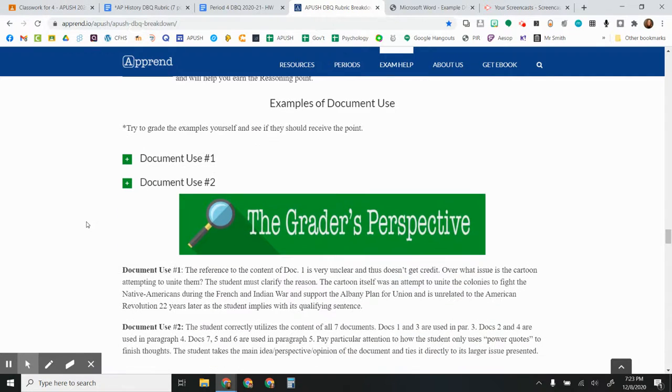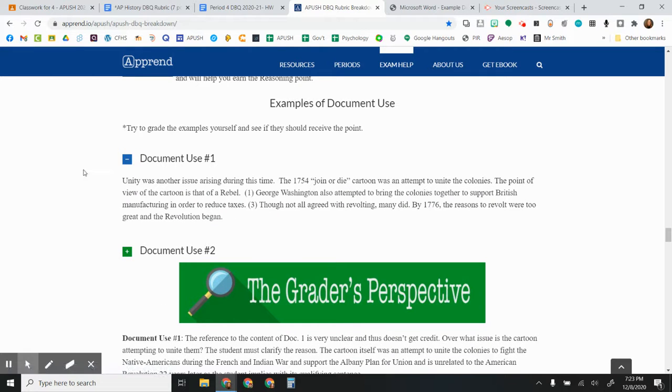Here are some examples of ways that you can use documents. This one says unity was another issue arising during this time. The 1754 Join or Die cartoon was an attempt to unite the colonies. The point of view of the cartoon is that of a rebel. So this person is definitely trying to do some POV here.